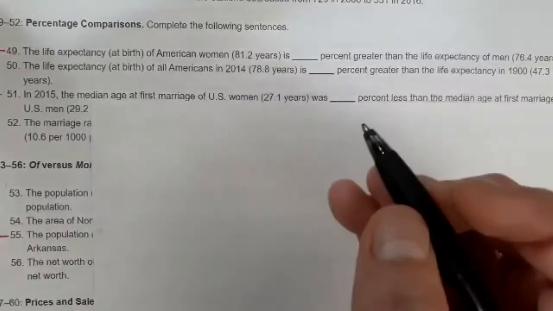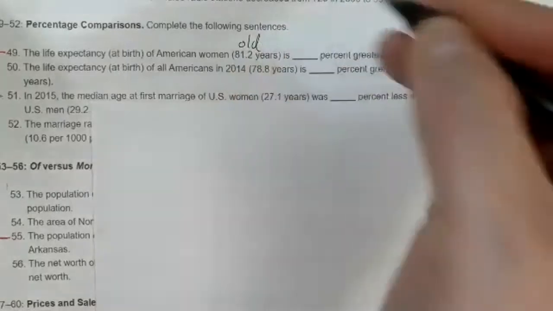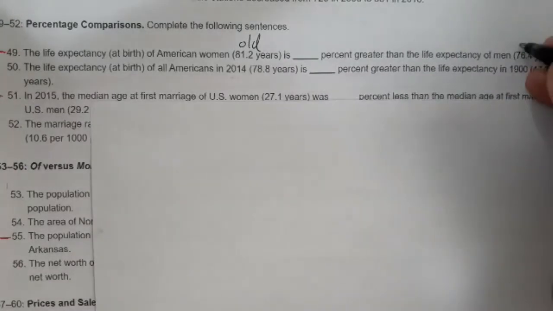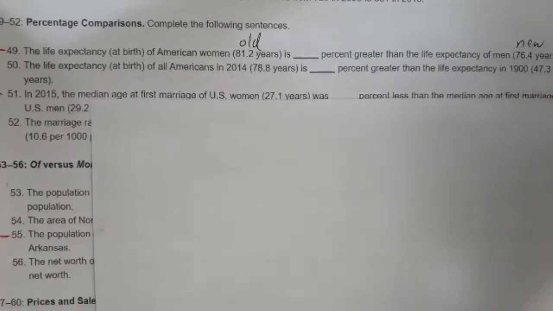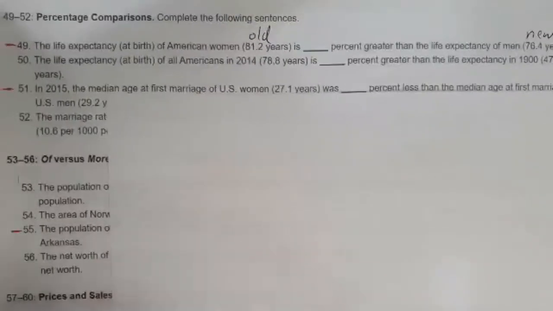What's the first thing that they give us? 81.2. Yeah, so I'm pretty sure this is their old or their reference. They use the word reference, right? I'm just going to keep saying old. Because if you remember, I went through the notes, and there was the old and new sort of thing we did that started it, and then we went to the reference values, and it's the same formula either way, basically, right?